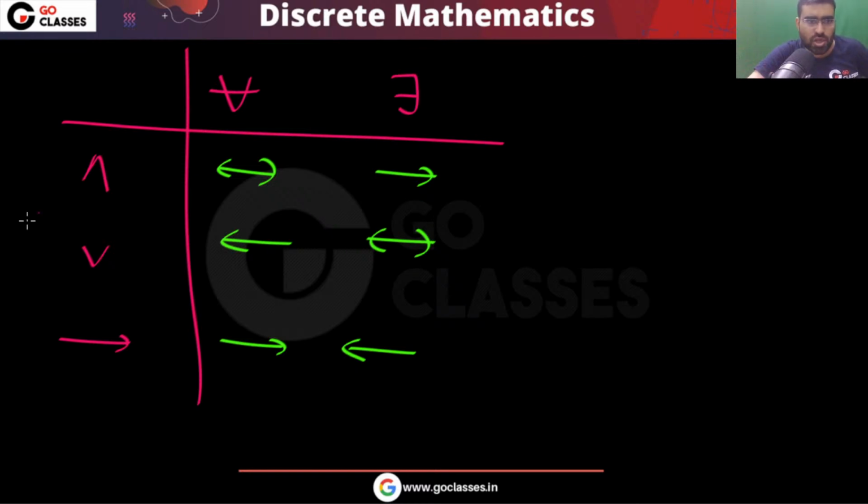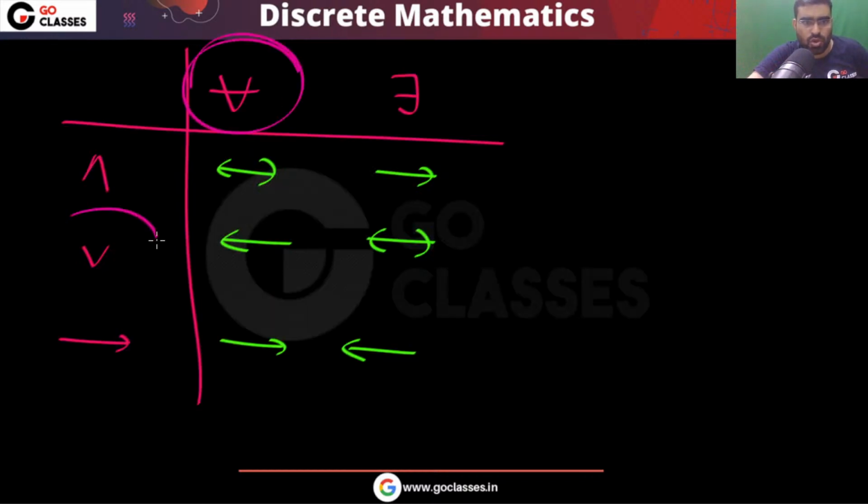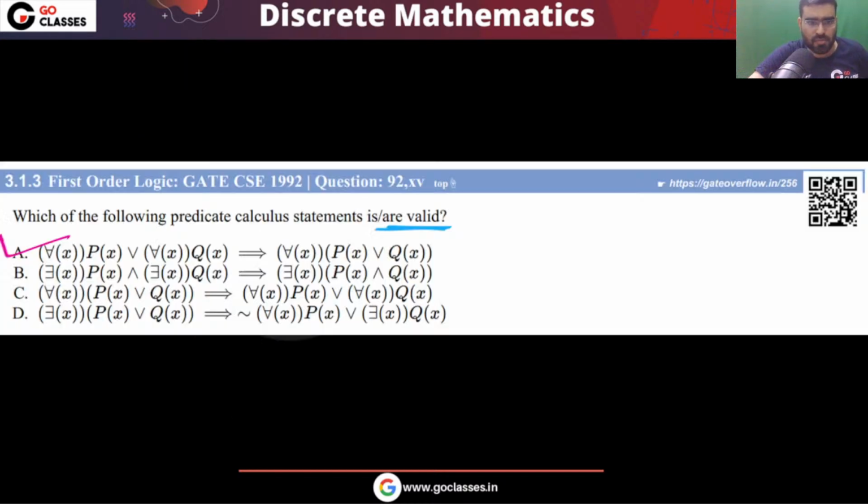You can see this universal quantifier in the case of OR is going from expanded to compact. So definitely this will be valid. So this option A is definitely valid, because we are going from expanded to compact in the case of OR.